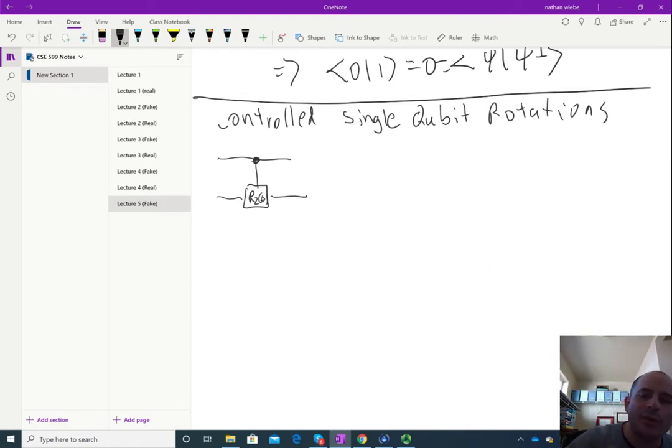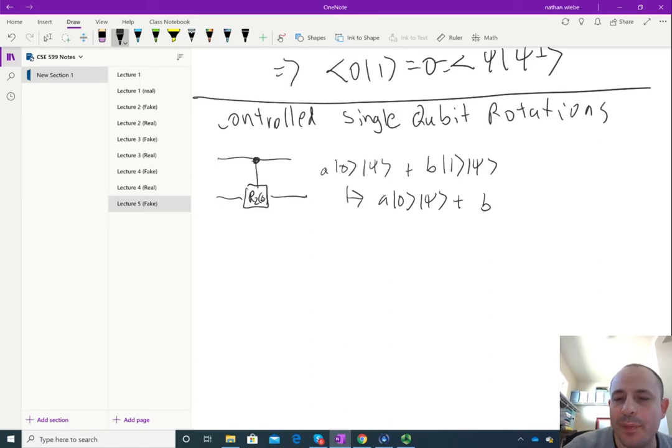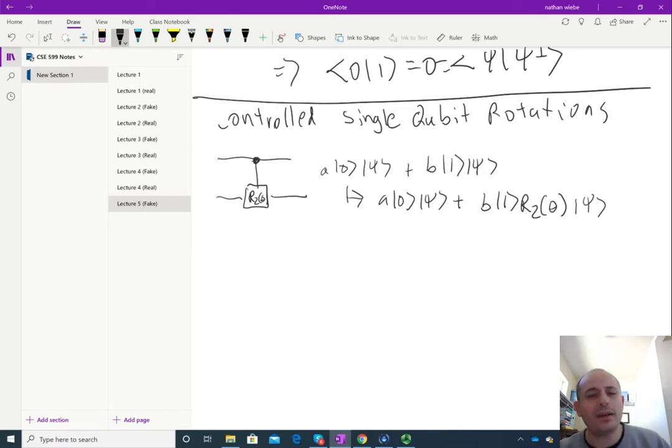And this action over here will end up mapping a state, in general, A|0>|psi> plus B|1>|psi>, to A|0>|psi> plus B|1>RZ(theta)|psi>. So, just like a controlled NOT gate or any other controlled gate, it only applies the gate when this control qubit is 1. Okay? So, that's what we'd like to do.